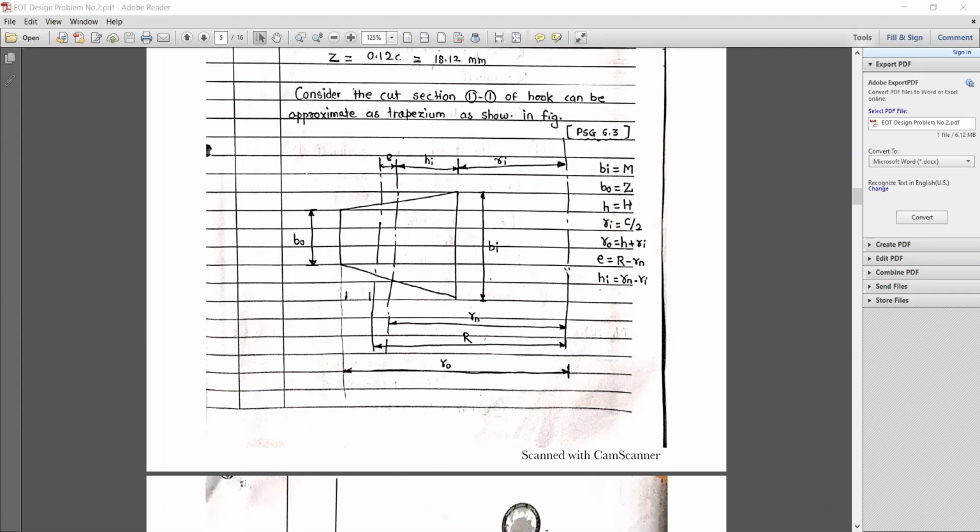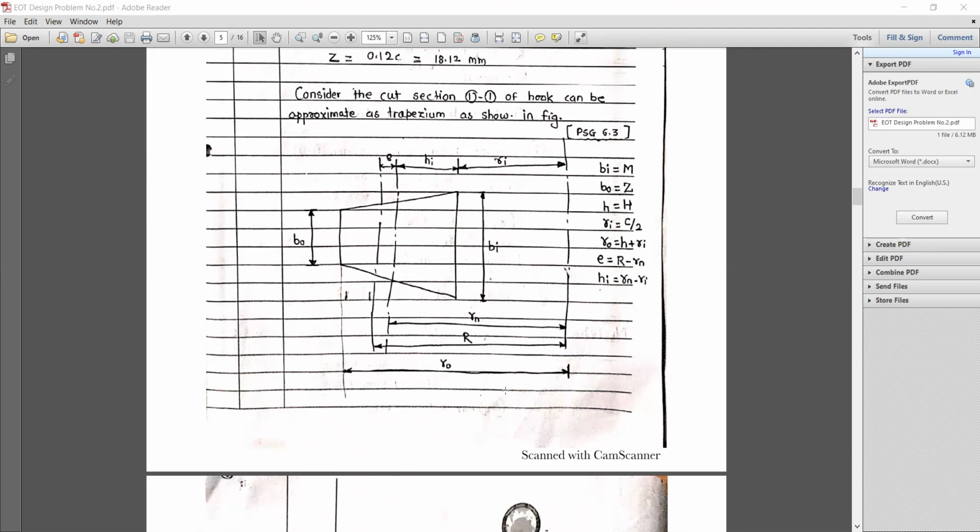For that we are referring to the PSG page number 6.3, which gives all the values required to calculate the distance from the center of curvature to the neutral axis and the distance from the center of curvature to the centroid axis, using these two formulas.